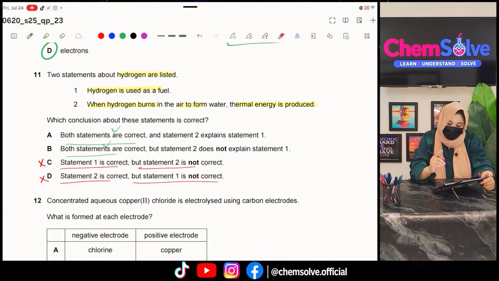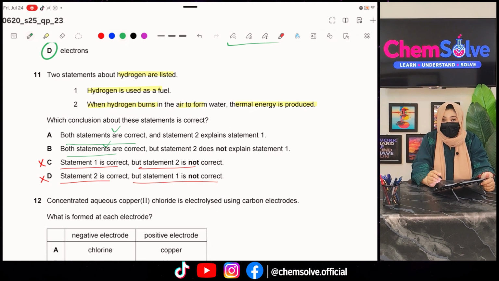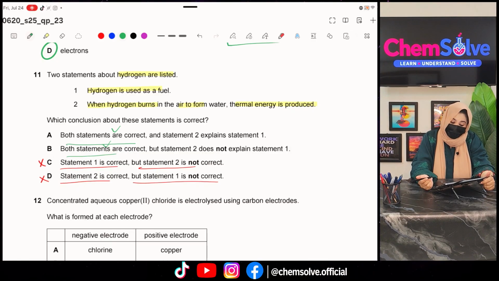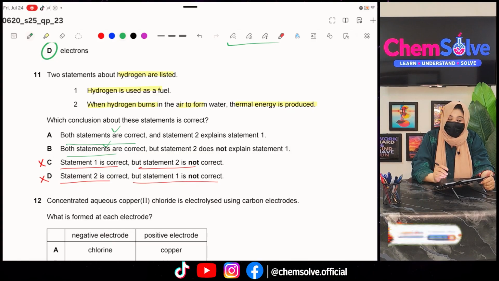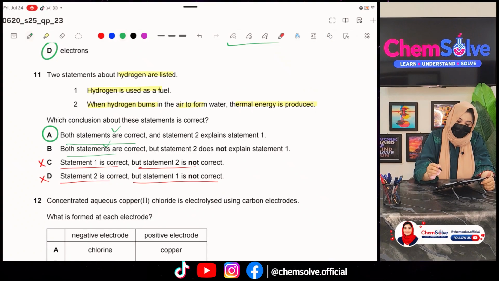So we have to choose between A or B. Statement 2 is explaining how hydrogen is used in a hydrogen oxygen fuel cell. And when it is used in a hydrogen oxygen fuel cell, obviously hydrogen is used as a fuel. So we can say statement 2 explains statement 1. So A is the correct option.